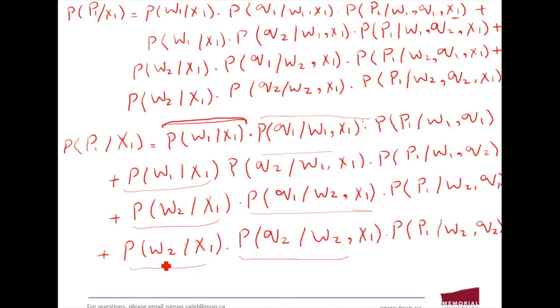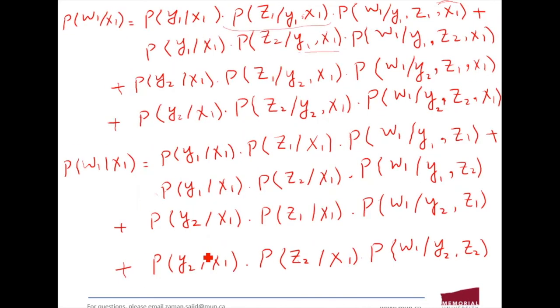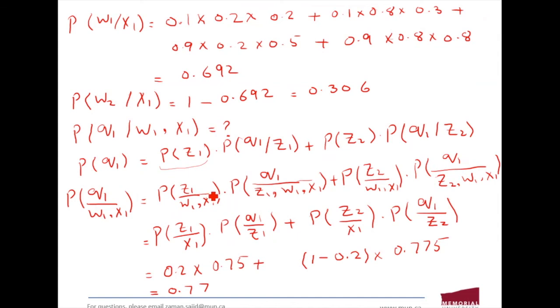So the last term is I need the W2 given that X1. This one we calculated here, W2 given that X1, which is 0.306.